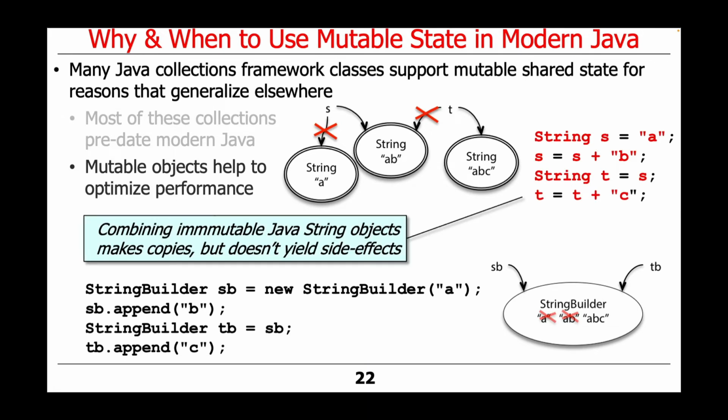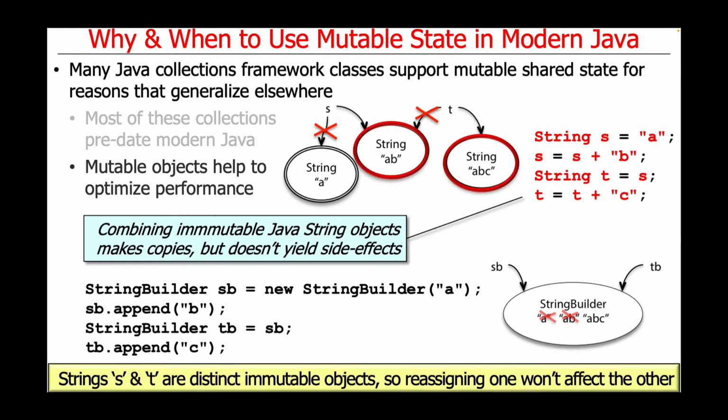This simple example demonstrates some of the performance overhead that's often associated with using immutable objects. The Java code shown in red starts by assigning the string literal A to string S. It then concatenates the string literal B to string S, creating a new instance of S. Next, it takes that instance of S and creates a new string T, and then finally it concatenates the string literal C to T and reassigns that to T. Combining all these immutable Java string objects thus makes copies, which can actually incur significant performance overhead in programs that don't have such trivial strings.